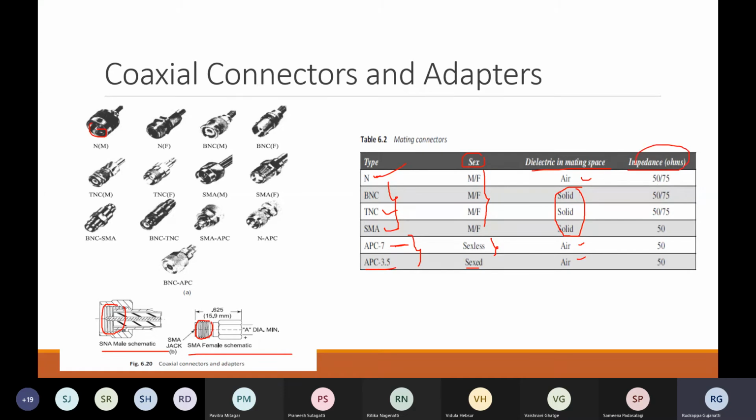Generally the impedances used for matching are around 50 to 75 ohms. So this is associated with the coaxial connectors and adapters.